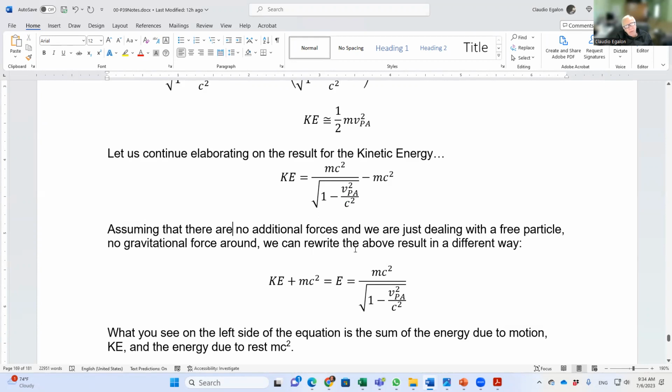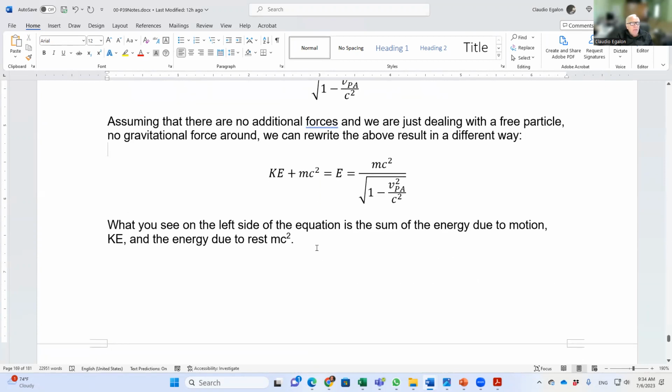If we introduce a gravitational force there, then we would need to have a potential energy term. So what you see on the left side of the equation is the sum of energy due to motion and energy due to rest mass.